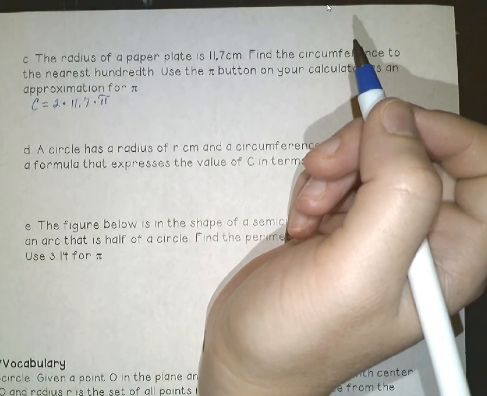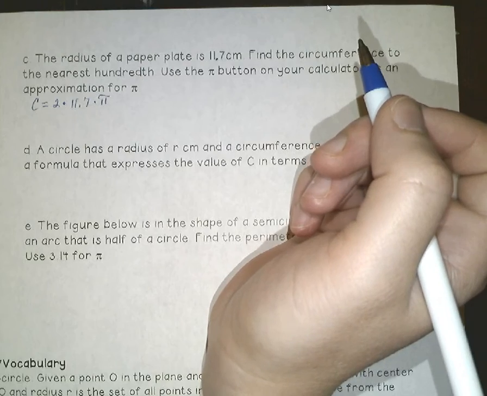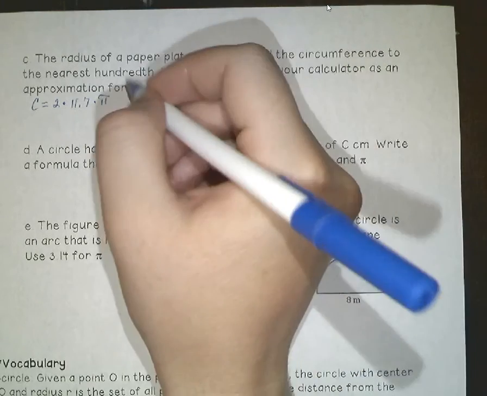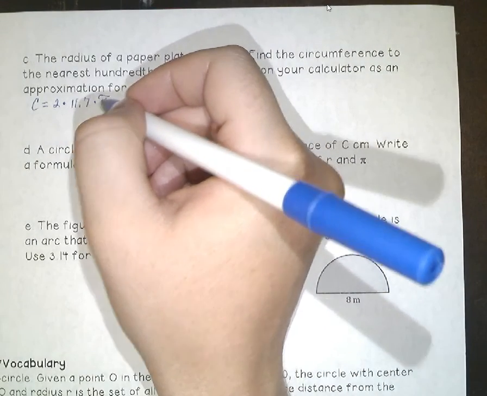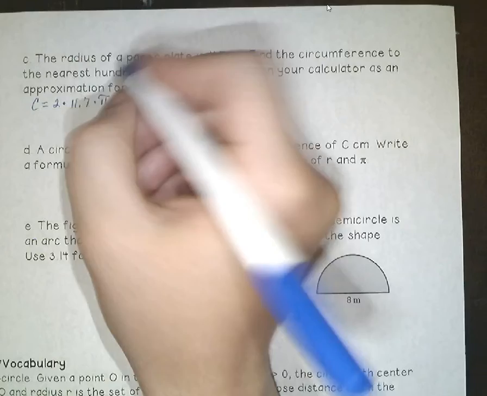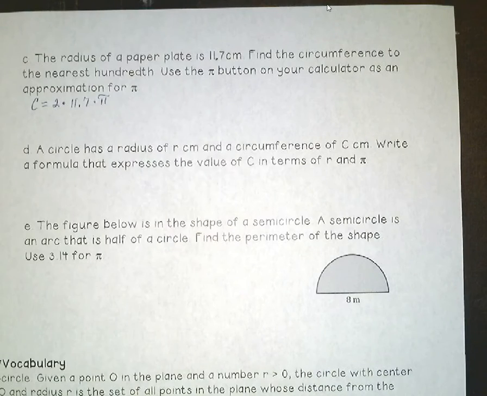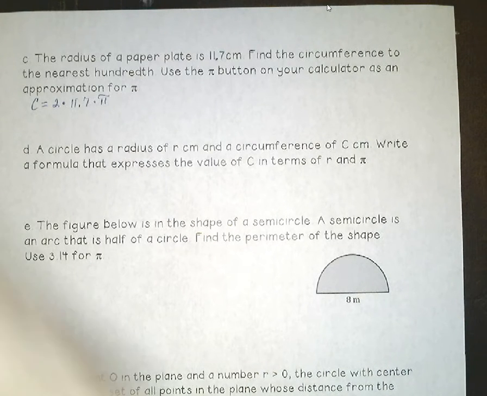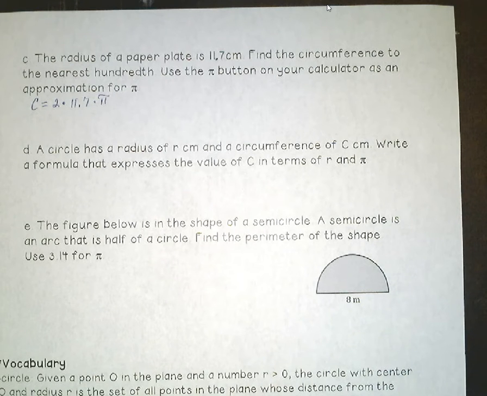Sometimes you will see approximation in terms of pi. You don't need to use the pi on the calculator if you just need to put that letter in. So in this case, when I multiply 2 by 11 and 7/10, you will get 23 and 4/10.